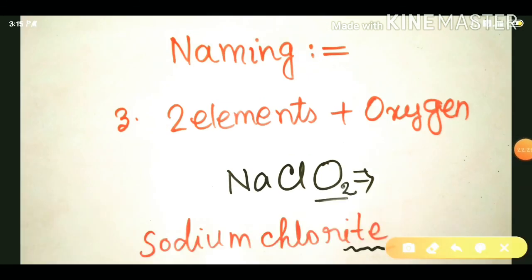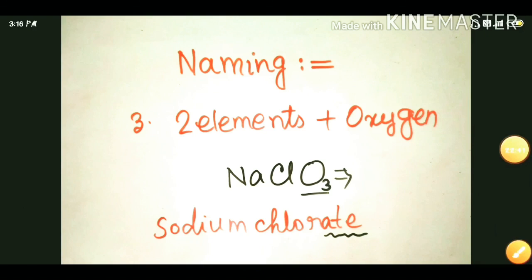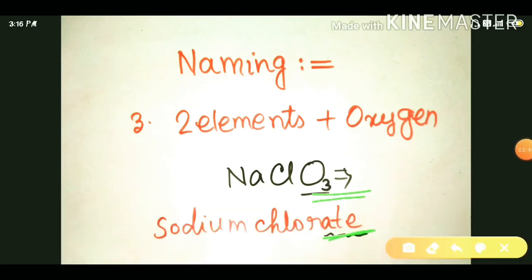And when we take oxygen in number 2, then this ite is used, hypo is vanished. Okay, only ite. When we take 3 oxygen, then ate suffix is added with this next element.